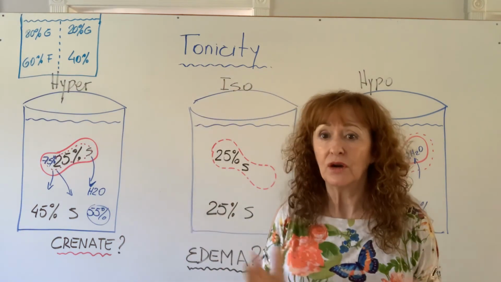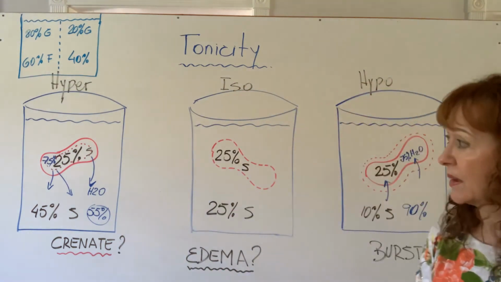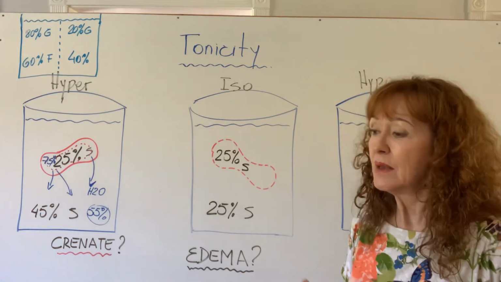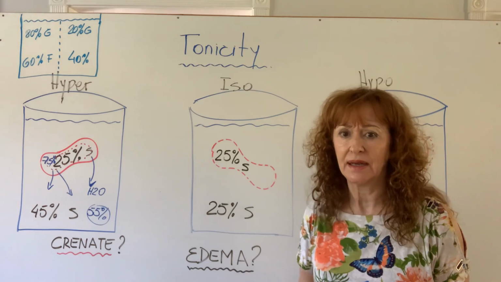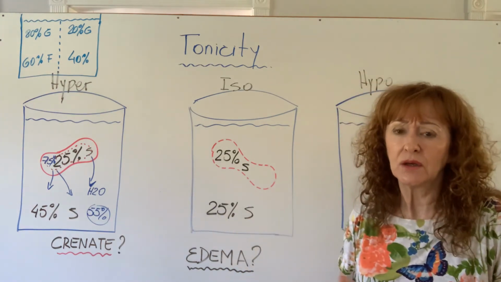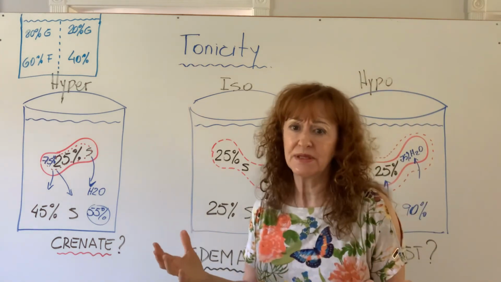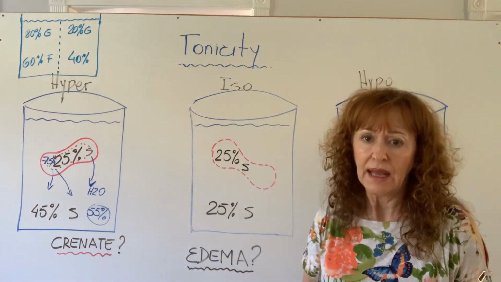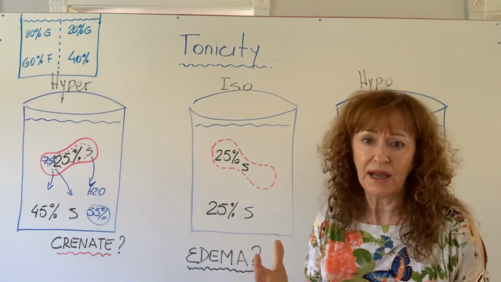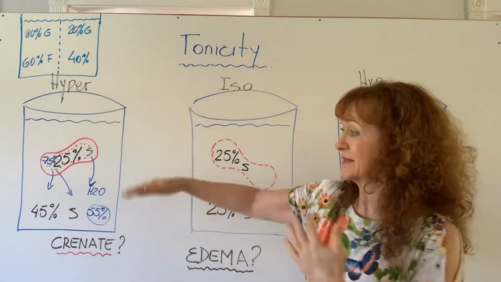So hopefully I was clearer about that, and keep in mind this terminology, because there are different kinds of scenarios. It doesn't have to be these scenarios. If a cell contains 45% of sodium and is immersed in a solution that contains 85% of sodium, the numbers can change.